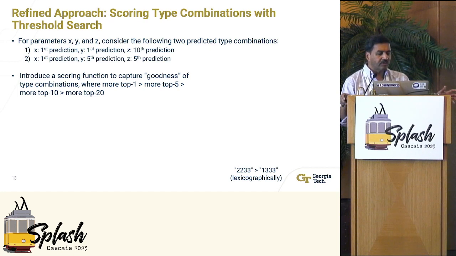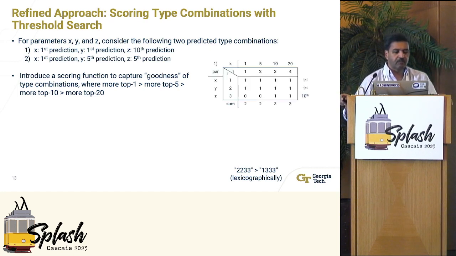And the idea over here is if you have 2 predictions, for example, one where variable X is in the top 1, variable Y is in the top 1, and variable Z is in the top 10, we give it a score depending on how often it appears in top 1, 5, 10, or 20.